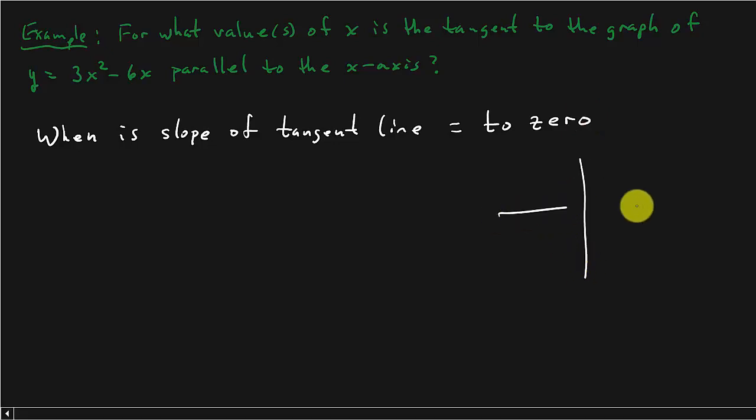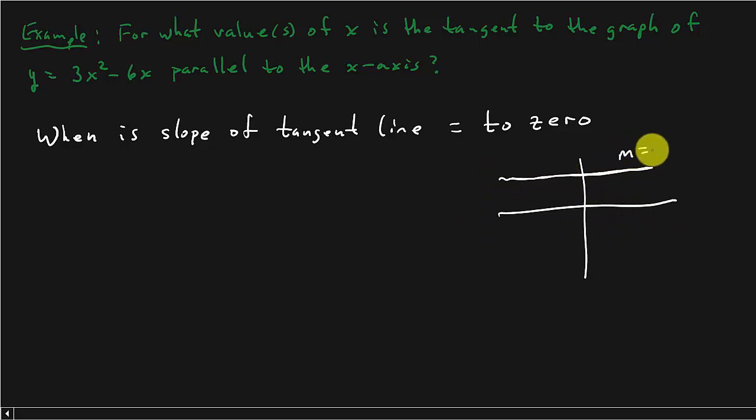See, if you have an xy coordinate and let's just say we have a tangent line right here. I don't know where it is, but here's a tangent line. We want to know when it is parallel to the x-axis. Well, the x-axis is horizontal, so the tangent line needs to be horizontal.